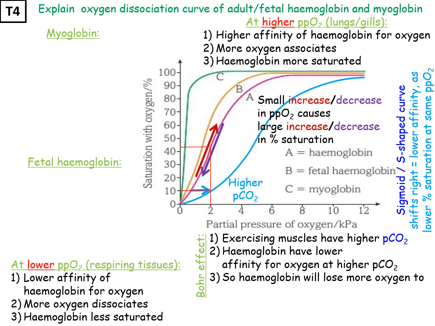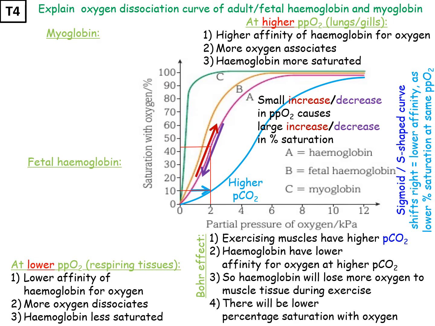So when the hemoglobin reaches these exercising muscles, it will lose more oxygen to the muscle tissue during exercise. That's because you've shifted the oxygen dissociation curve to the right due to the higher partial pressure of carbon dioxide in these exercising muscle tissues. That means the percentage saturation of hemoglobin with oxygen will be much lower, which is good because you want the hemoglobin to dissociate the oxygen so that it can be used by these respiring exercising muscle tissues.